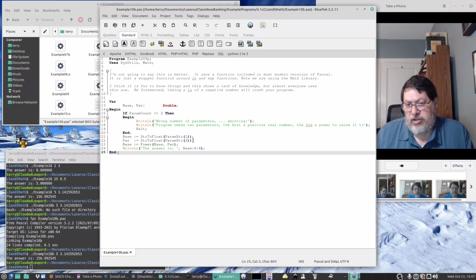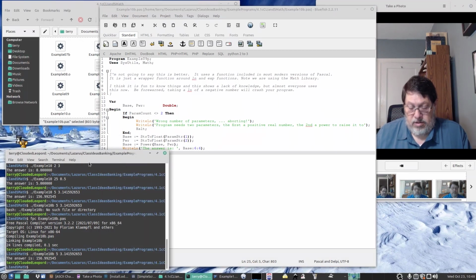It's not checking these numbers to see if they're valid. If you try to raise a negative value to a power, that program's going to crash.